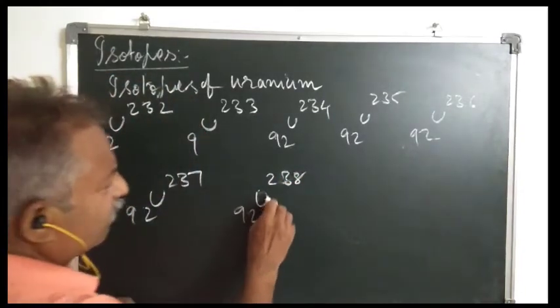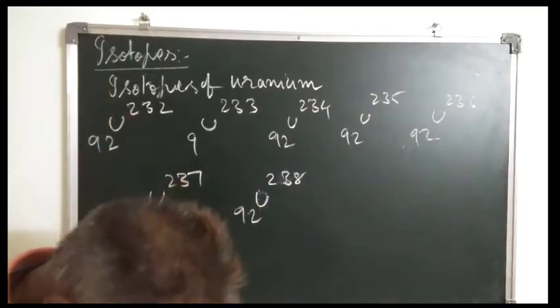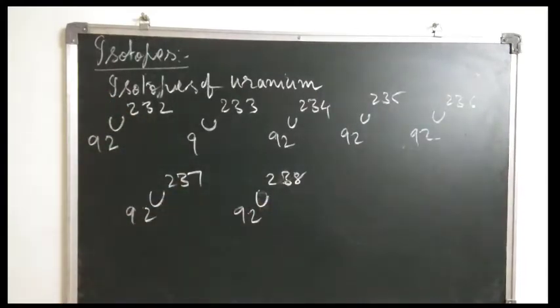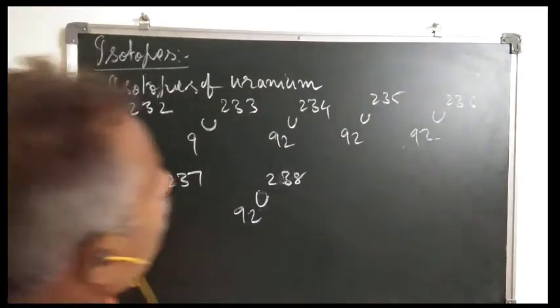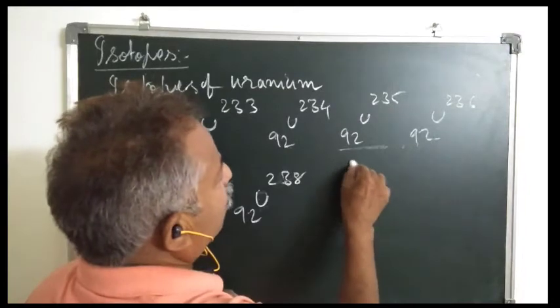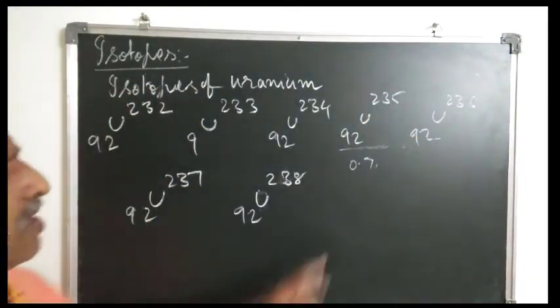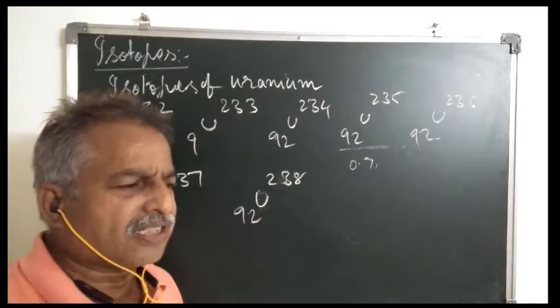So this uranium with the mass number 238 is the naturally occurring isotope, and of course it is abundant in nature. Whereas U-235, its abundance is only 0.7 percent, but this is a very useful isotope. This isotope is used in nuclear reactors as fuel.